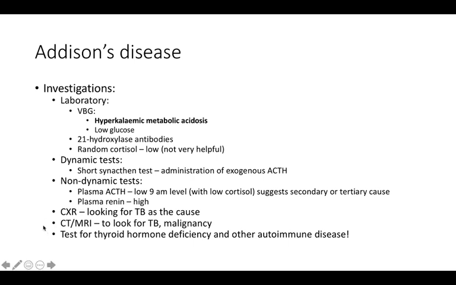Other investigations include imaging, including chest x-rays, CT and MRI to look for TB, malignancy, and also other diseases. For example, you can have enlarged adrenal glands or diseases such as histoplasmosis, which can also cause acquired primary adrenal insufficiency.